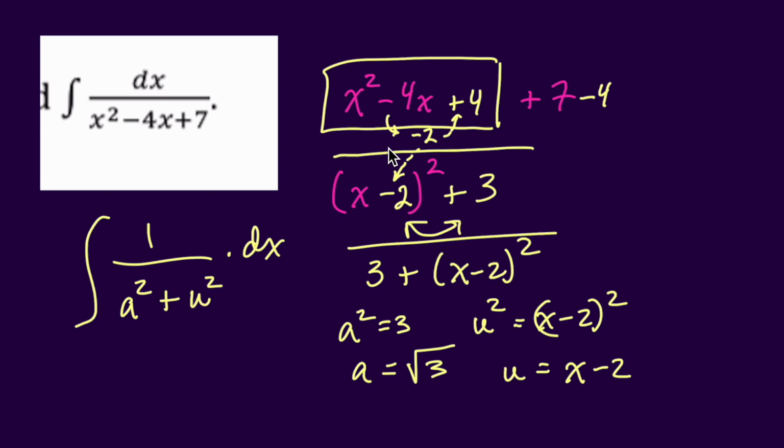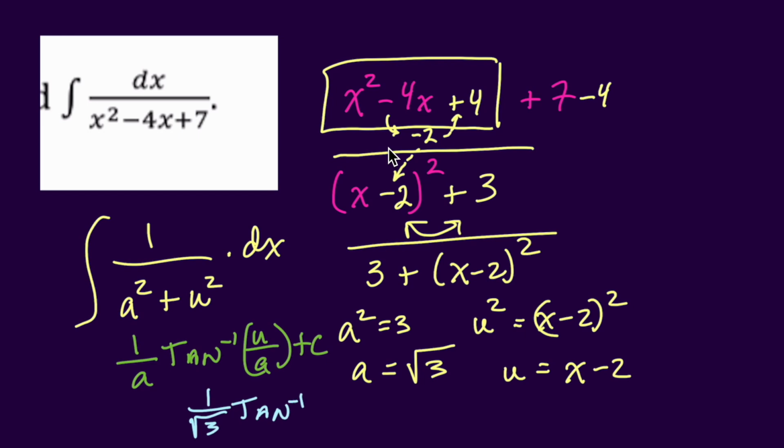And the resulting trigonometric solution is going to be 1 over a inverse tangent of u over a plus c. So when we substitute down here in light blue, we're going to have 1 over the square root of 3 inverse tangent of u, which is x minus 2, over the square root of 3 plus c.